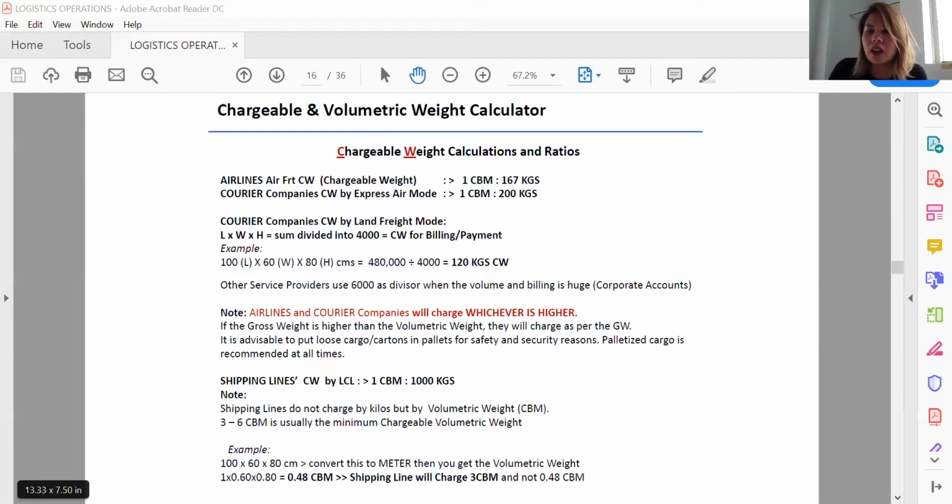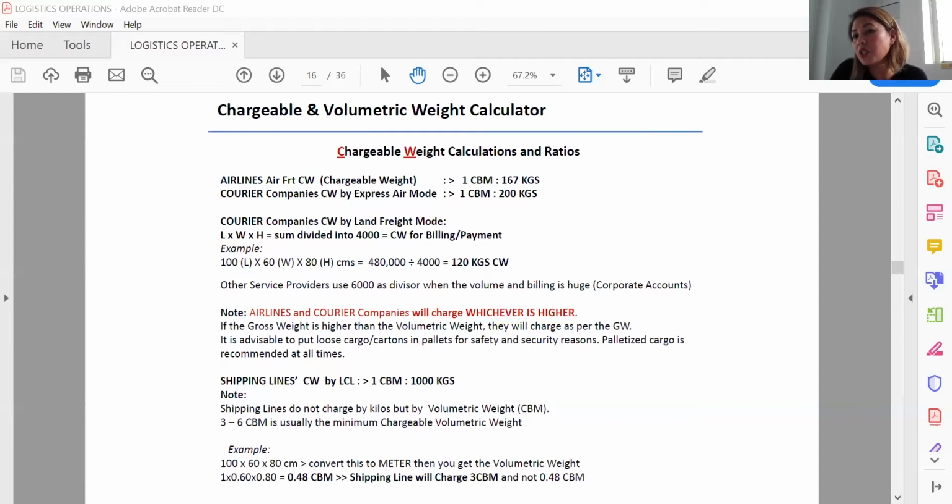Again, if your cargo is going to be charged 6 CBM by the shipping line, because 6 CBM is their minimum volumetric chargeable weight, then 6 times 167 is 1,002 kilos for the airline.